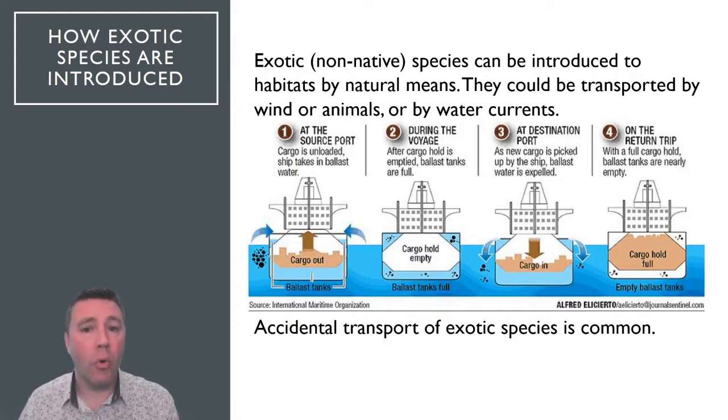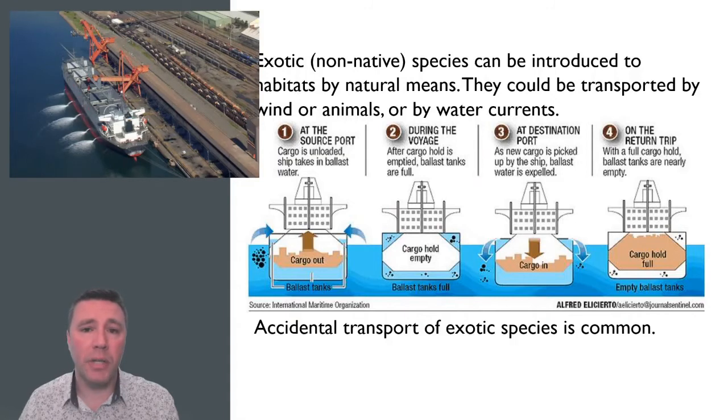Unfortunately, whatever organisms are present in that water are also being pumped into the ballast, and ultimately when the ballast is expelled at the destination port, whatever organisms are in that water have now been transported potentially over thousands and thousands of kilometers.